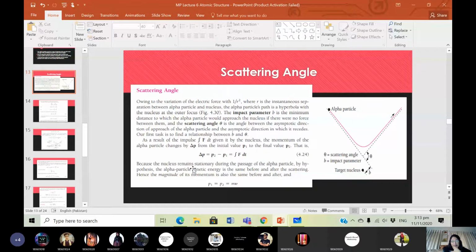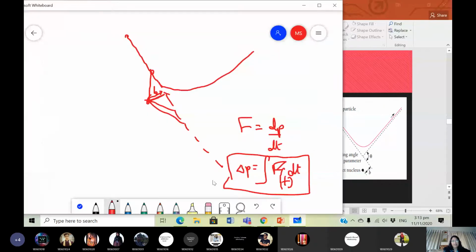Is that making sense? So the magnitude of the momentum is the same before and after. We know that momentum P is equal to mv, right? And we know that kinetic energy is half mv squared, and we are not using relativistic calculations here right now.